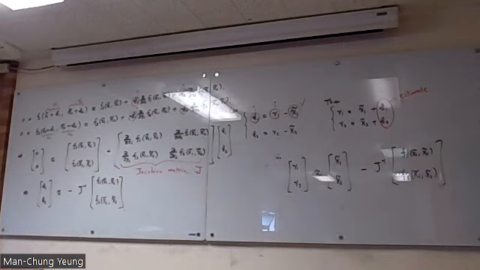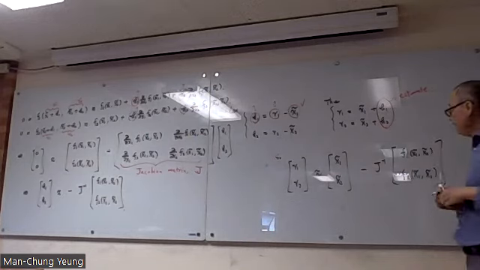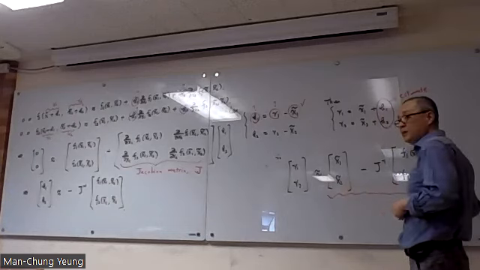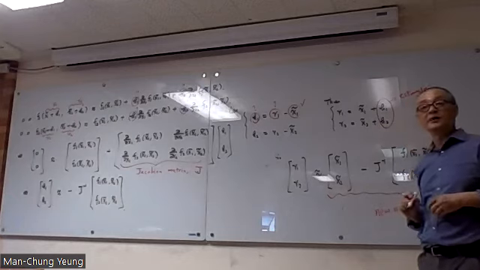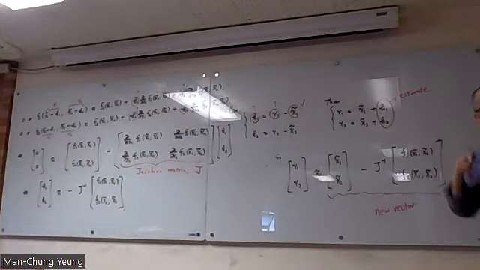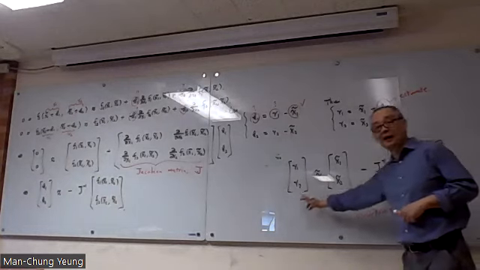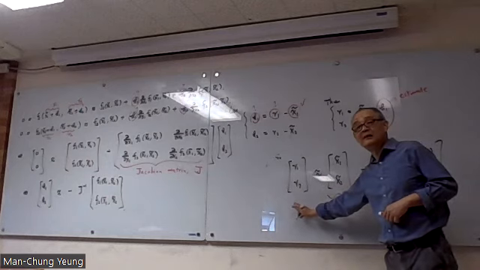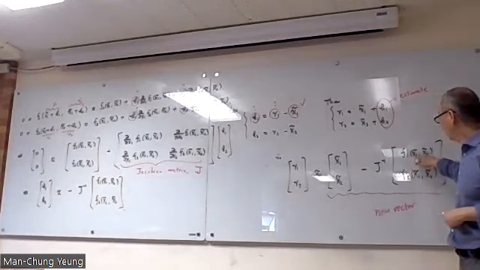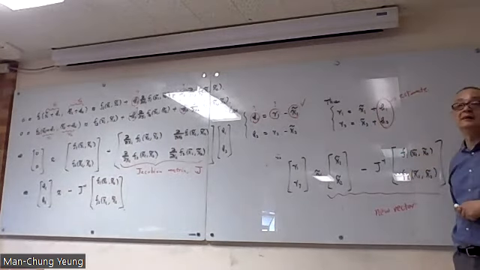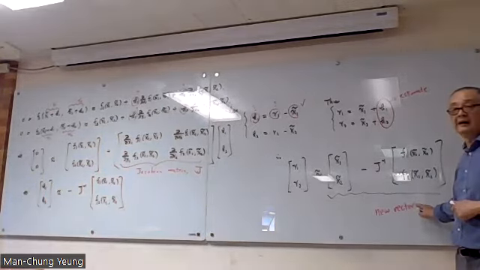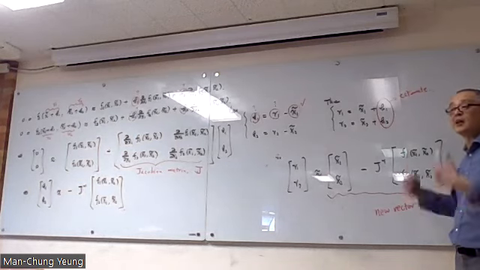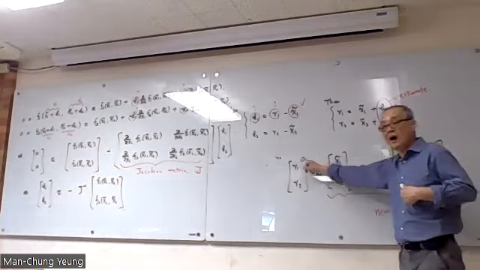X1 tilde, x2 tilde we assume is an approximation of the root. Then the right side of this approximation is a new vector, a new approximation. We believe this new approximation is closer to the root than x1 tilde, x2 tilde. Consider this as a new approximation to the unknown R1, R2.